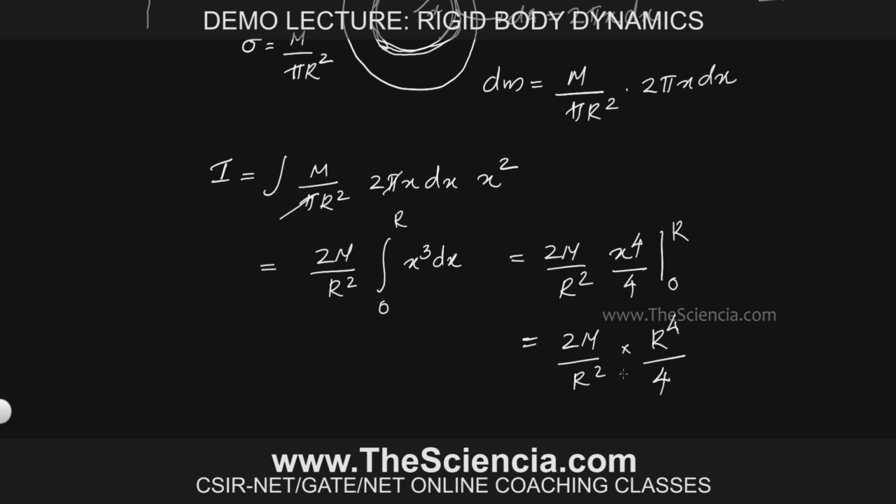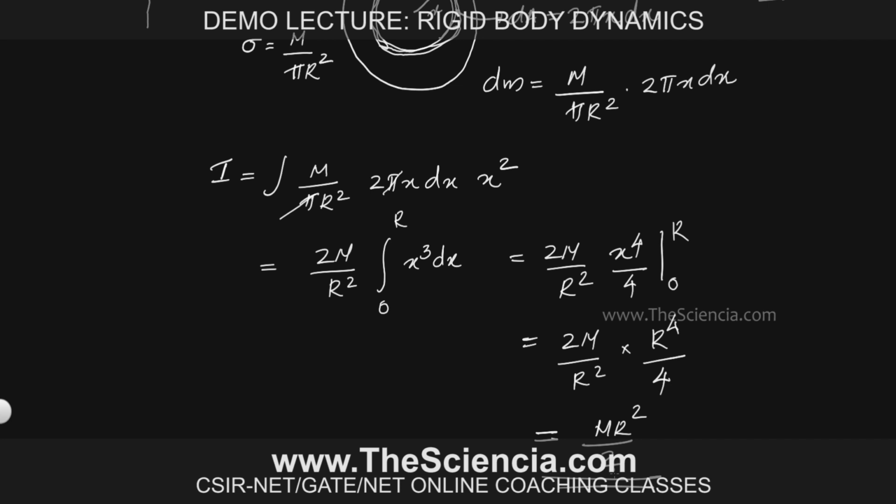So we can cancel 2 and 4 and r raised to 4 and r square. So what we get is m r square by 2. So this is the moment of inertia of a circular disk about an axis passing through its center and perpendicular to its plane. Now we are going to solve using polar coordinates.